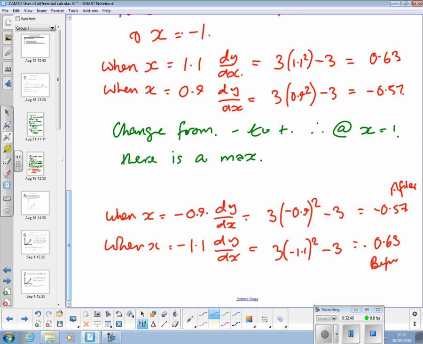So we've got a positive slope before. No, that's a negative slope before. We got that wrong. Negative slope before is a minimum. That one's the max. Point 0.9 as before, negative, slopes that way. After, positive, slopes that way. So we must have a minimum.